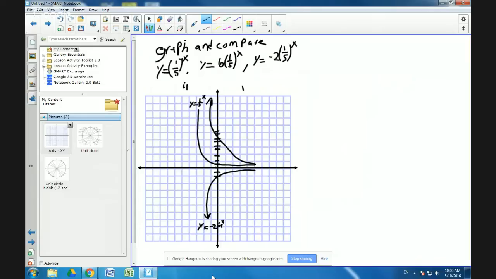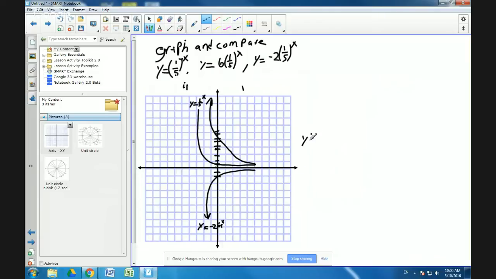So now we're going to compare them. We can see, compared to the parent graph of these three, that when multiplying a number to the function, it changes the y-intercept.